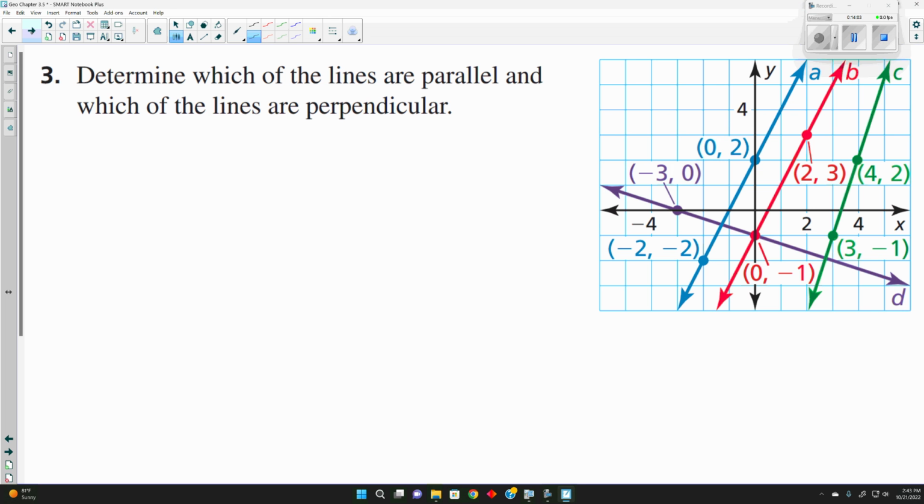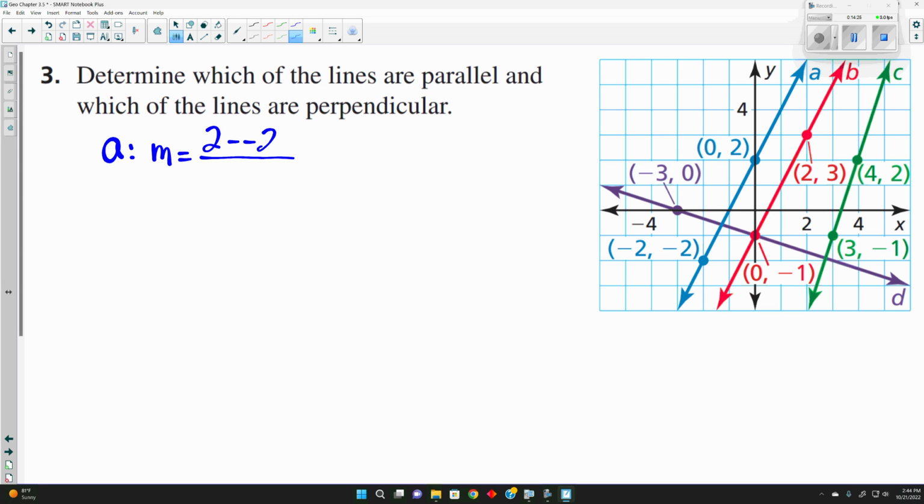We're going to do it again. So the first thing we need to do is just to find slope. So we're going to find the slope of each line and then determine which ones are parallel and which ones are perpendicular. So for A, the two points that it goes through are 0, 2, and negative 2, negative 2.